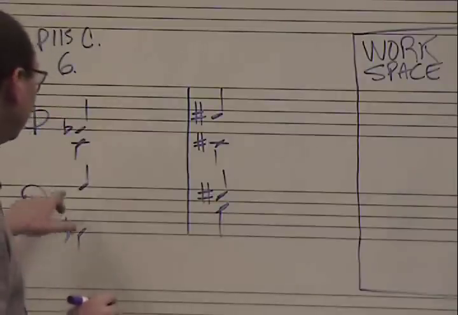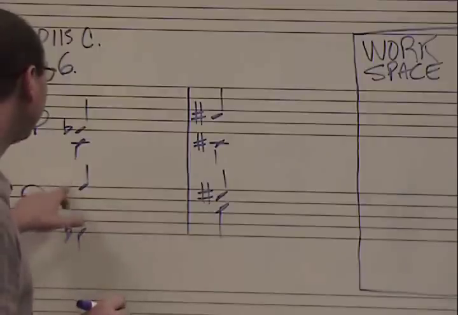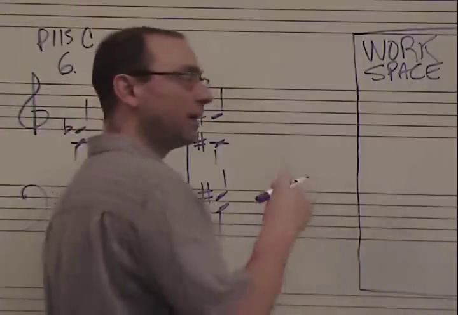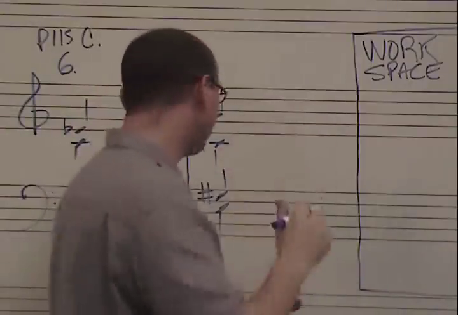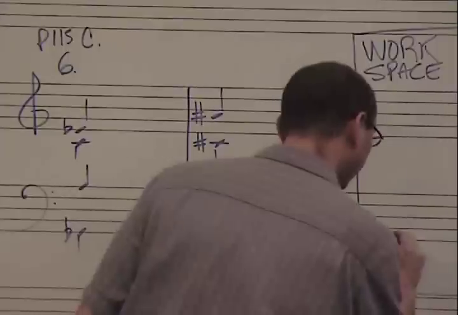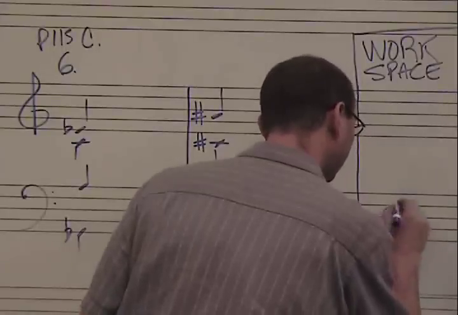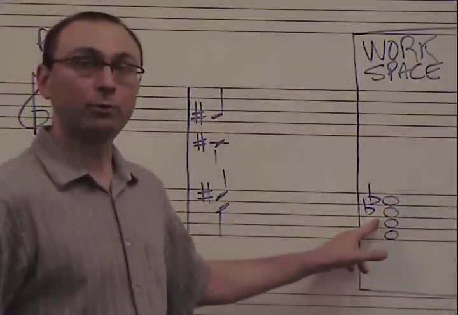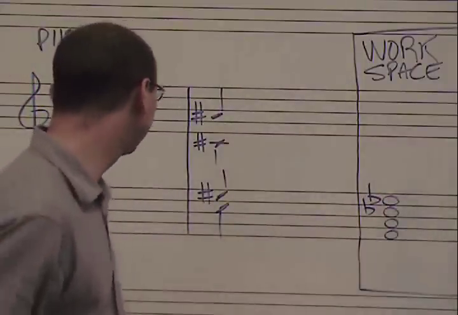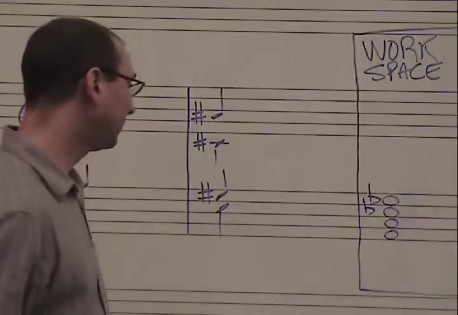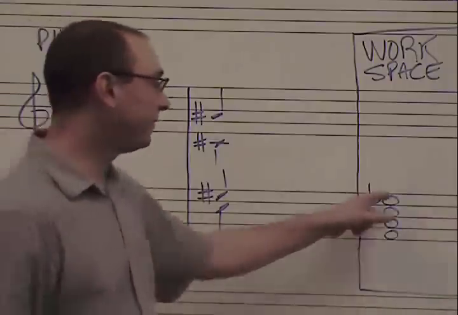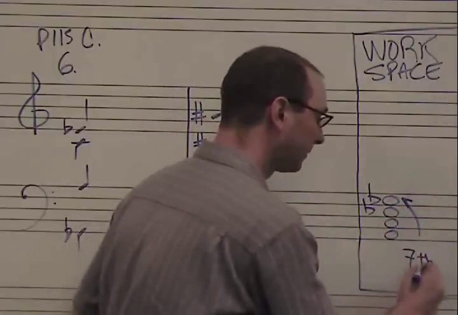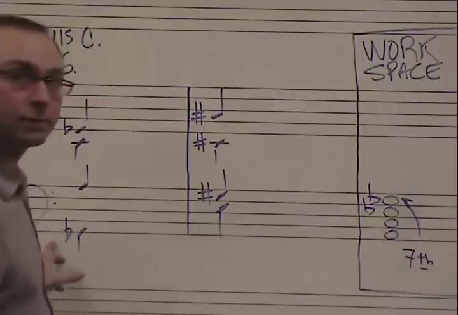So I have G flat, A, C, and E flat. When I spell that chord as a tertial structure, as a structure of thirds, here's that chord in root position. You can see it's a stack of thirds. What I notice is that the seventh factor is the lowest sounding pitch.